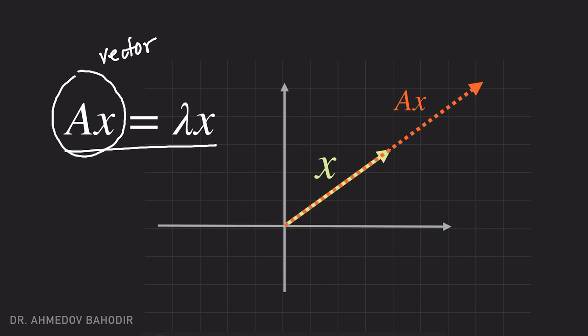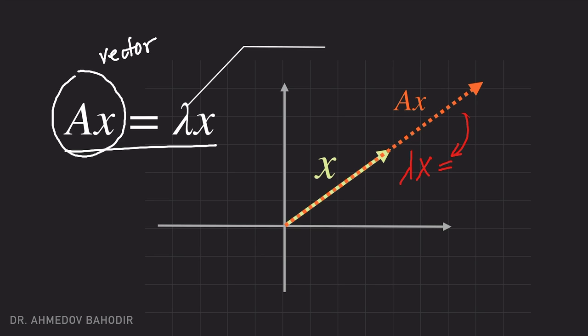Do you remember previously we said that if you are given two parallel vectors, then you can obtain the second vector, this red vector, by just multiplying the yellow vector by some constant? So essentially, they are parallel vectors.